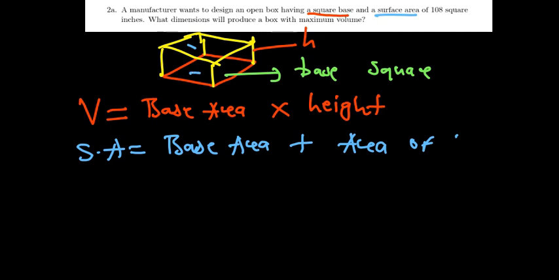There's this side 2. There's this side 3. There's that side 4. So we have 4. That's excluding the base. So base area plus the 4 other sides give us the surface area.